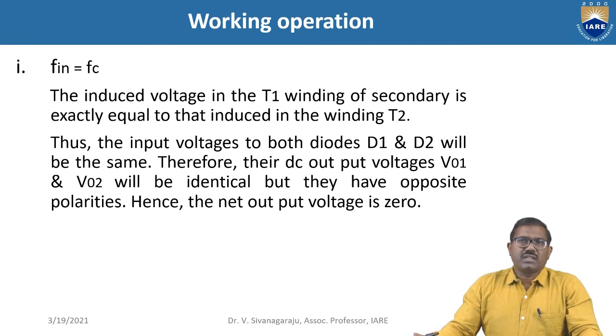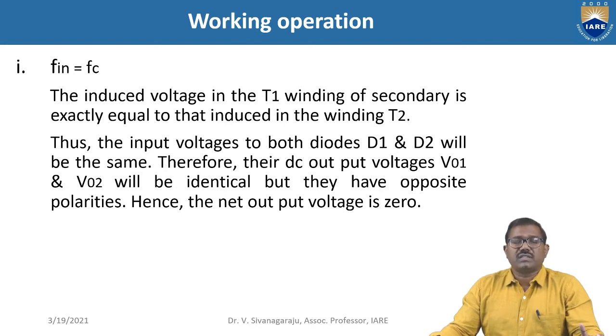Basically in this working operation we take three regions. One is Fin equal to Fc, that is the input frequency equal to the carrier frequency. In this region, the induced voltage in the T1 winding of the secondary is exactly equal to that induced in the winding T2.